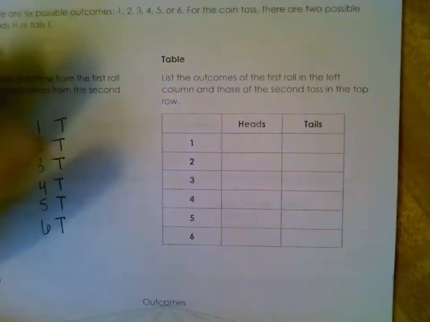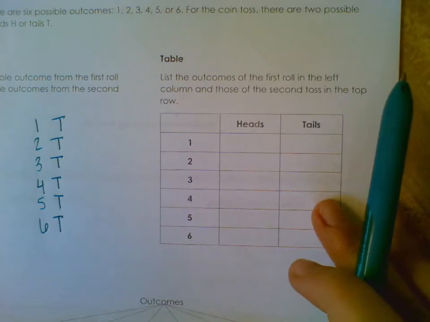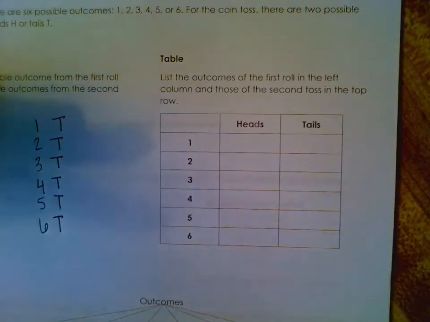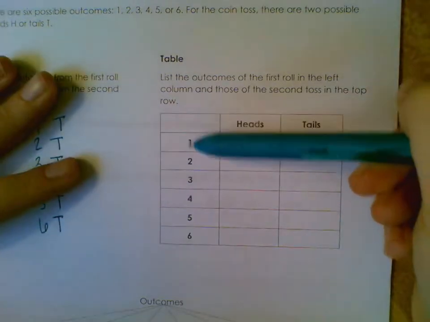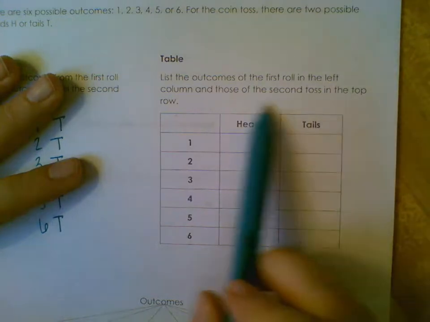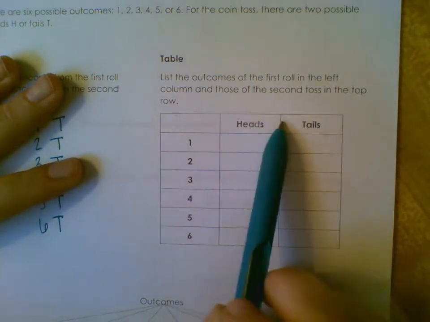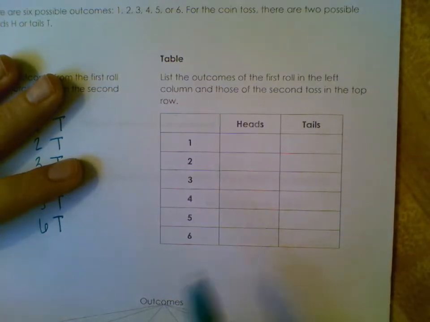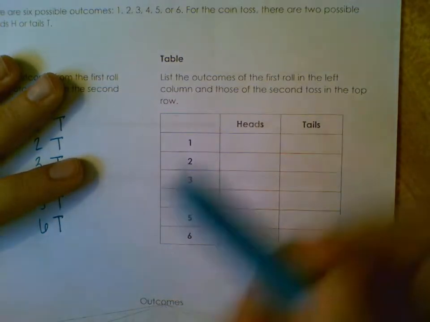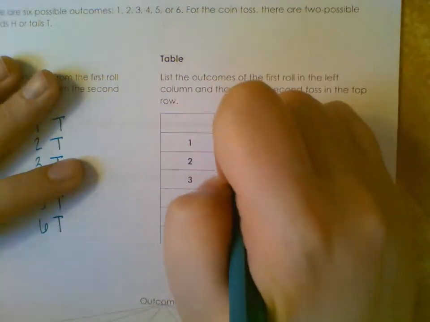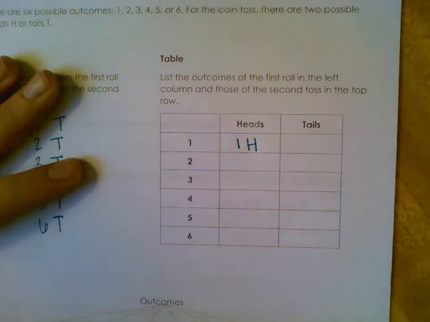You could also create a table in case you're worried about missing any possibilities, kind of like what we do with a Punnett square in science class. One side is going to be 1 through 6. The other side is going to be heads or tails, and then I'm going to fill in all of these blocks, and that way I don't miss any possible outcome. So this row is 1, and this column is heads, so in this position would be 1 heads.